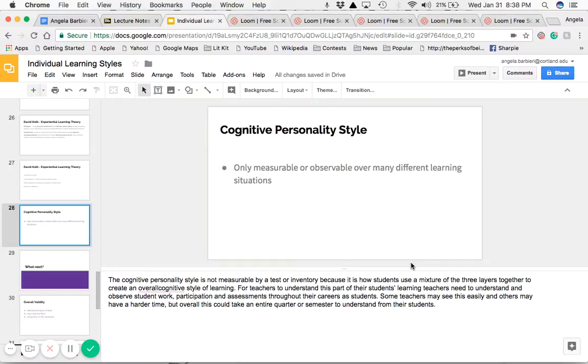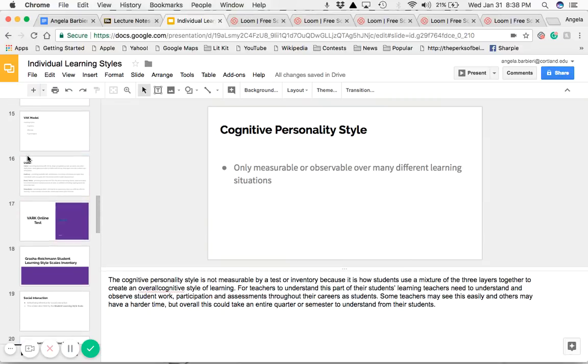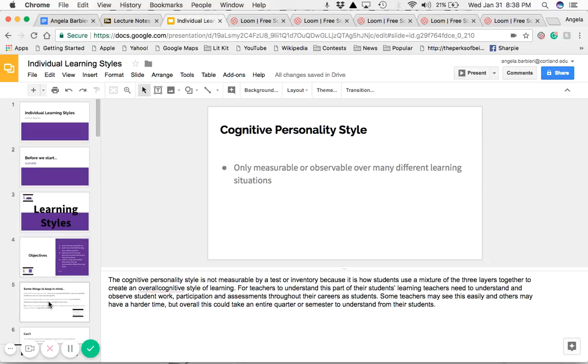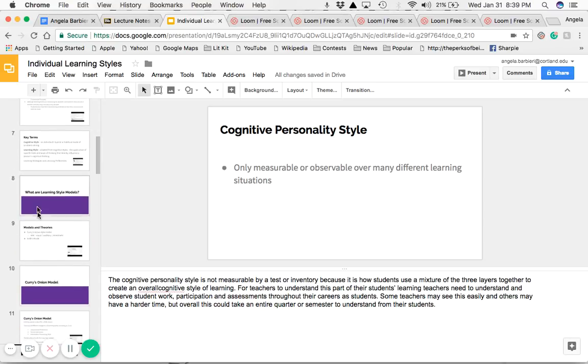So the last piece of the onion model is the cognitive personality style. And what this is really, it's not measurable by a test or inventory because it's how students mix all of the pieces before it to create their cognitive personality style.